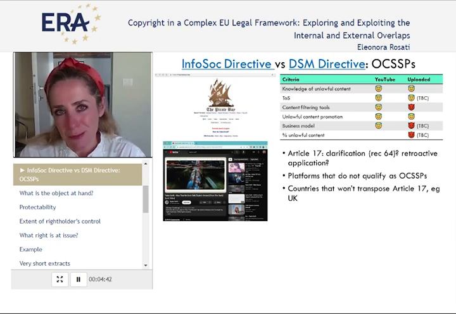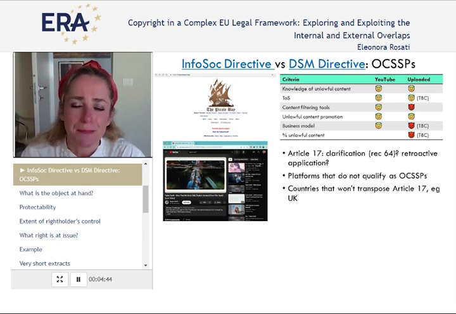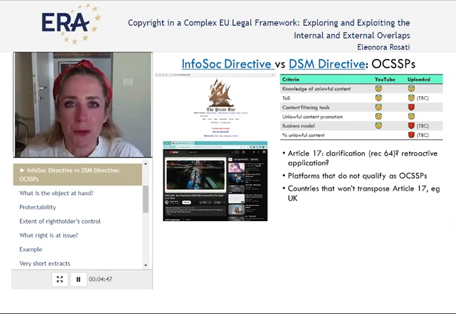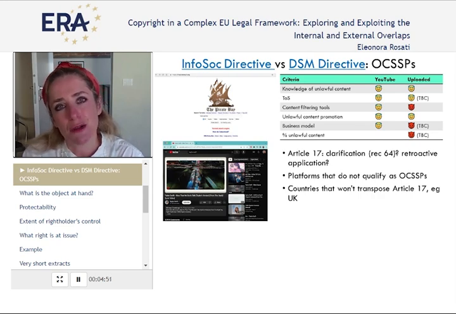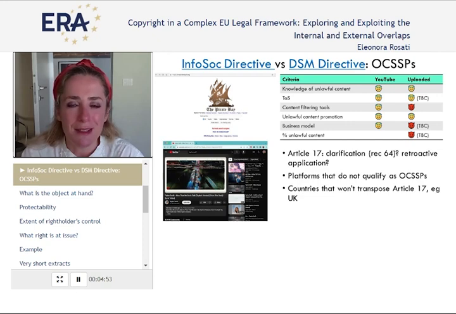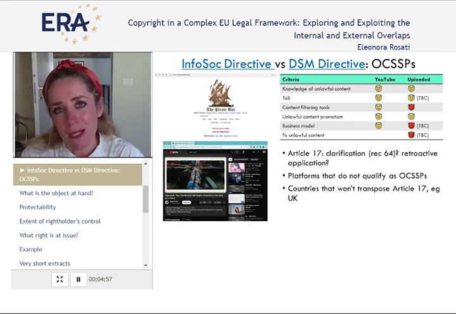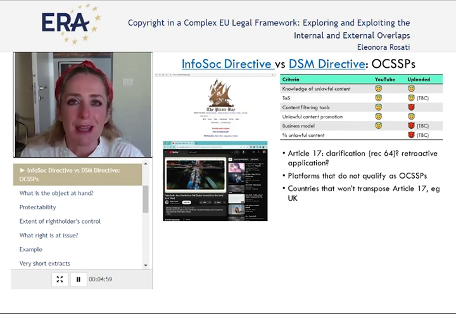So it starts from the assumption that those hosting providers which qualify as online content sharing service providers, the definition of which is provided in the DSM Directive itself, do directly perform copyright relevant acts and therefore are in need of an authorization from concerned right holders.